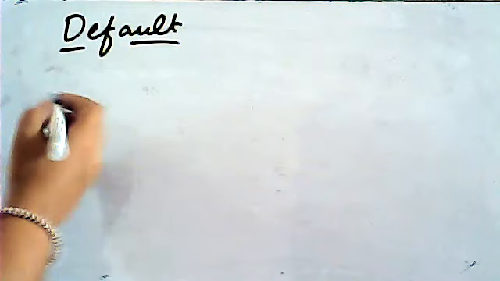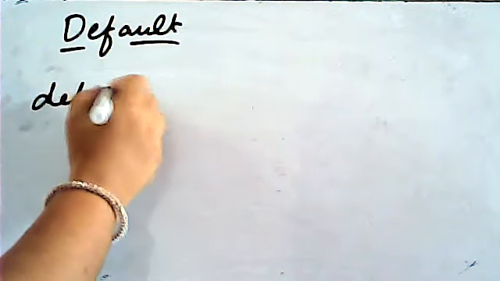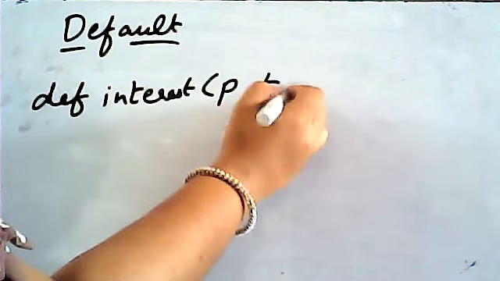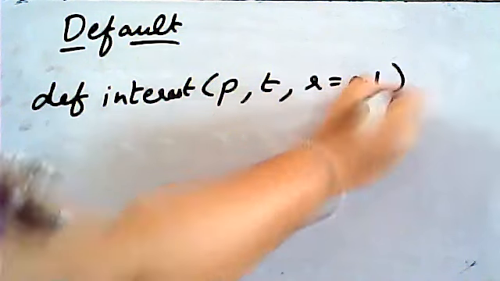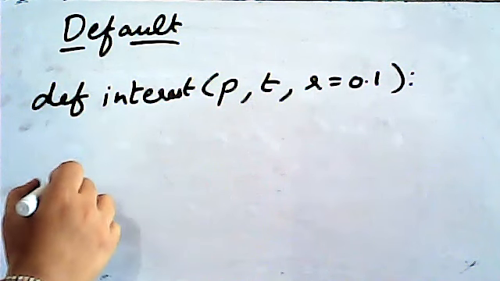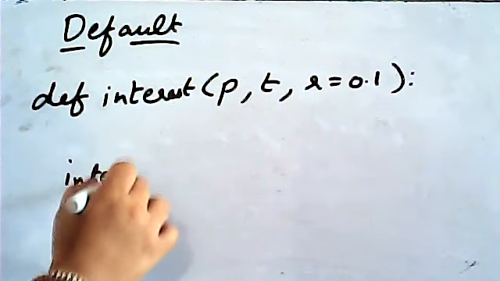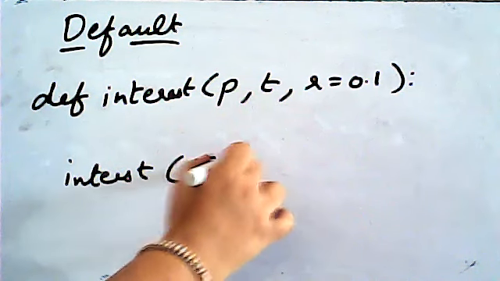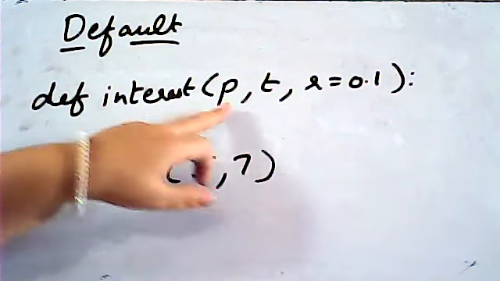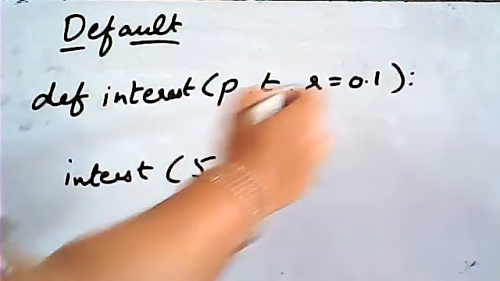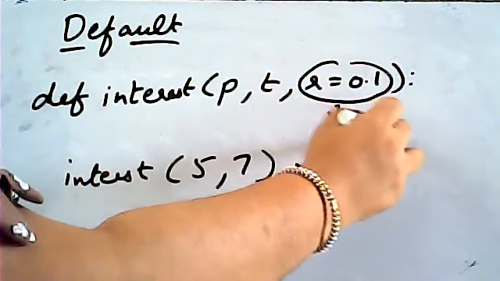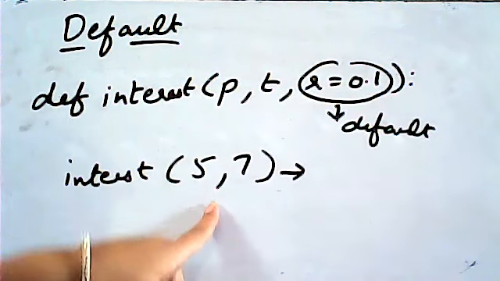If I just write def, and R is not given in the function call, it will be taken as default, so it will not give an error.